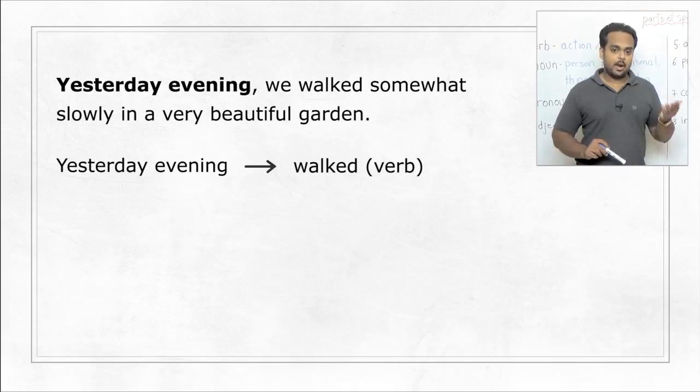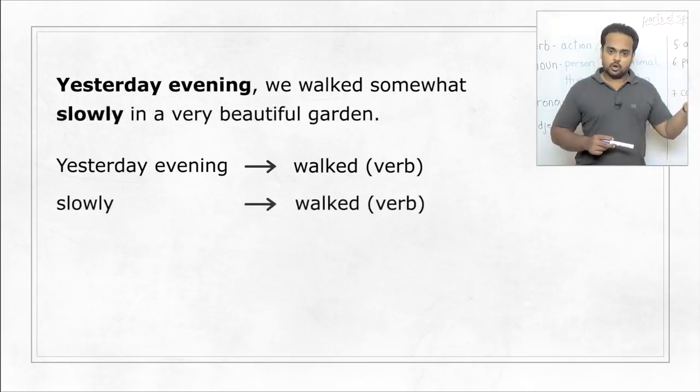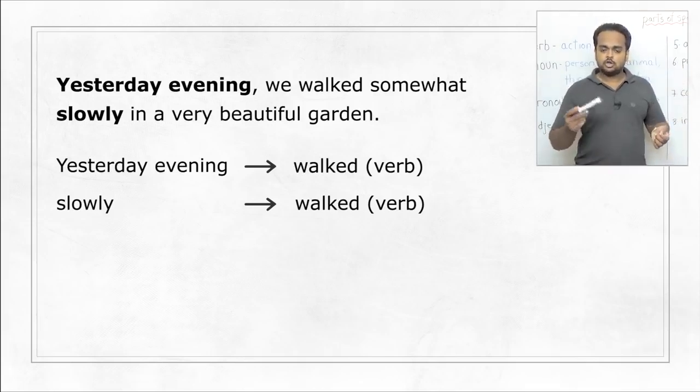That shows us when the action happened. The action here is walk. That's the verb. There's another adverb, slowly, and that shows us how the action happened. How did we walk? We walked slowly. So both yesterday evening and slowly tell us about the verb walk.